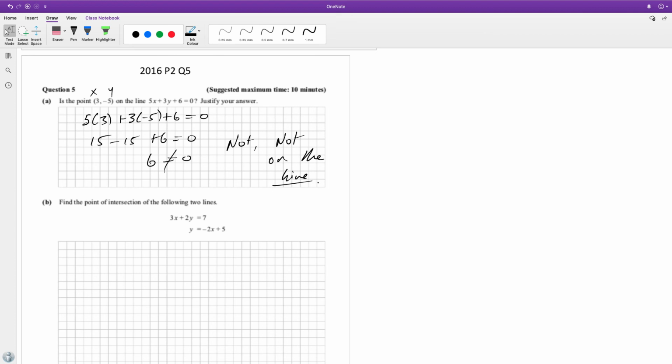Now, what are we doing on the bottom? Simultaneous equation. 1 minute. That's all you have.